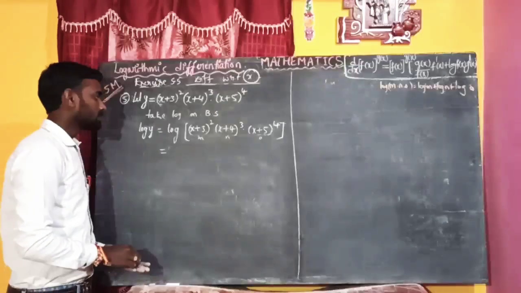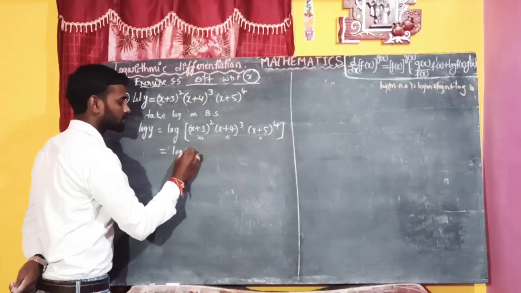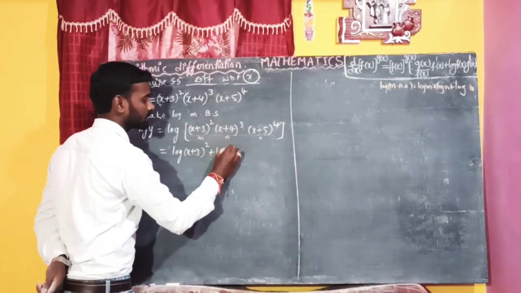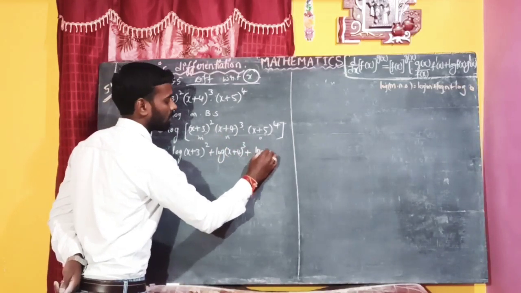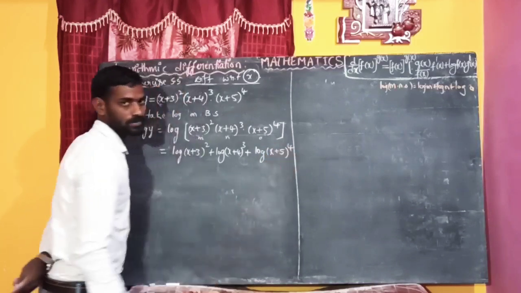So this can be written as log m, where m here is x plus 3 whole square, plus log n, where n here is x plus 4 whole cube, plus log o, where o here is x plus 5 whole to the power of 4.